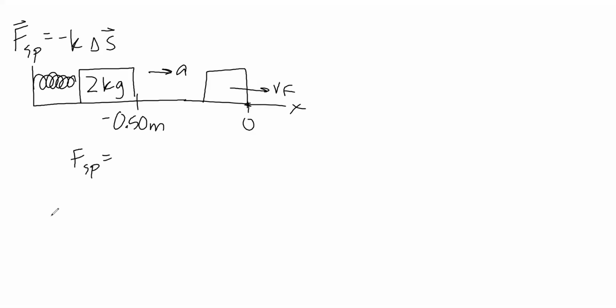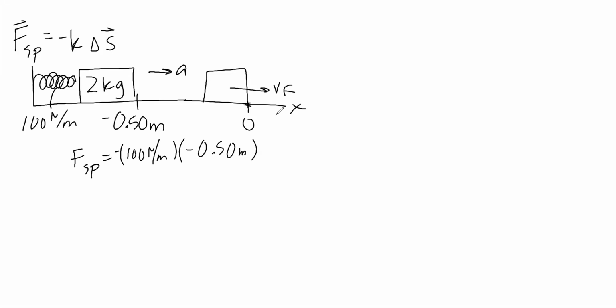in the x direction. Well, the spring has a spring constant of 100 newtons per meter. And so the spring force in the x direction would be minus 100 newtons per meter times minus the initial displacement from equilibrium, minus 0.5 meters.